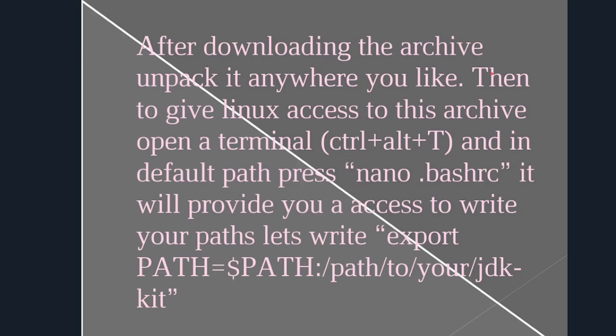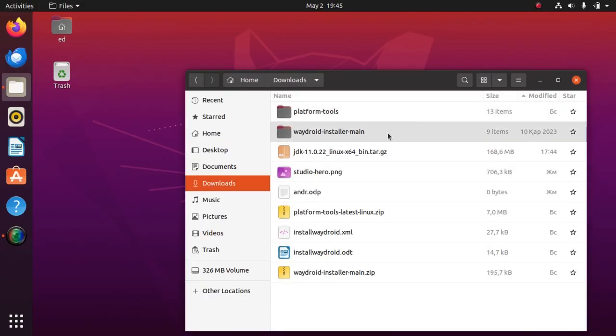Then to give Linux access to this archive, we need to open a terminal, and in default path we should press nano bashrc, and it will provide you access to write your paths. So you should write export PATH variable, and specify location of your unpacked archive. So now I am at downloads.